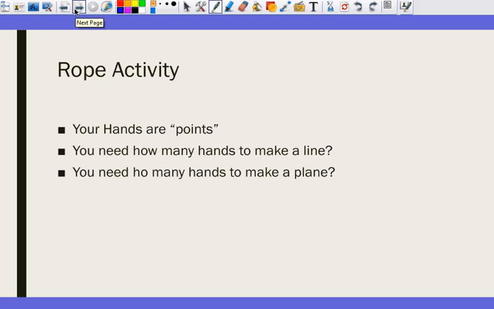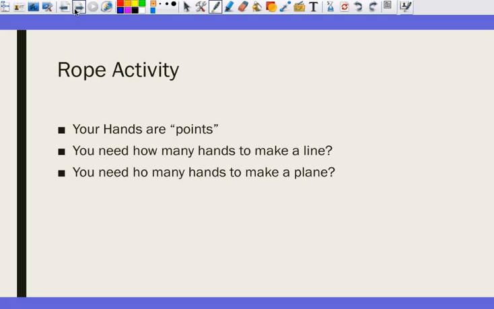Rope activity, okay. It's going to be really fun recording this because they're not going to see anything we're doing, but maybe they can listen. I don't know. I need a volunteer. All right, come up. Grab you a rope, hold it in one hand. It says, our hands are points. So this is one point, this is another point.